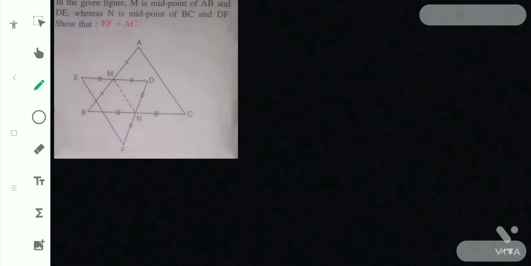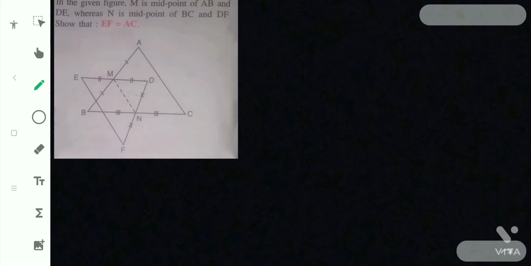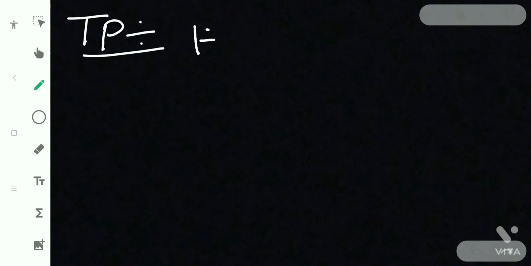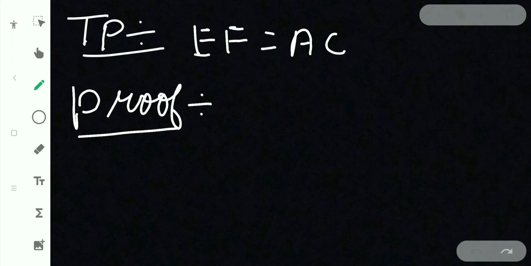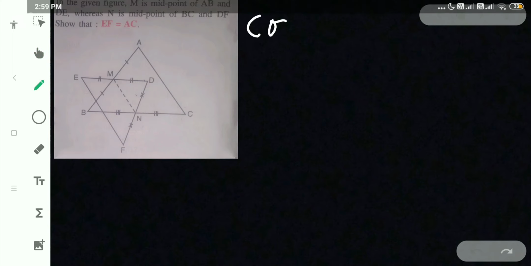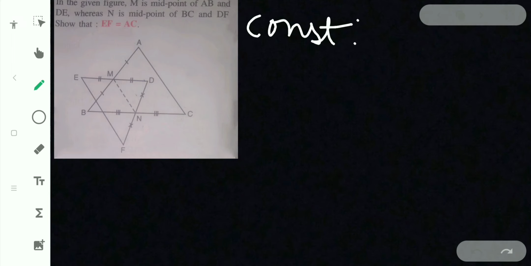Okay. Now what we are having to prove is EF is equal to AC. Proof. So for this, we'll be doing a small construction that is given in the question only.